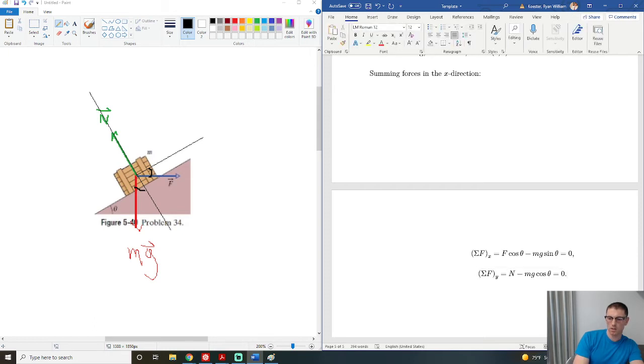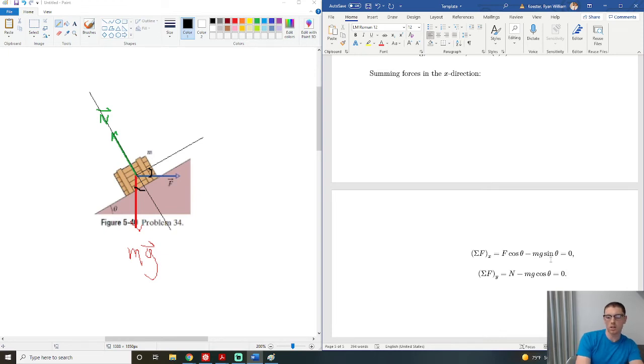And let's see, what do we need to do here? We need to figure out what the applied force is to make the acceleration 0. I don't think we even need the y equation here, but it's not a bad idea to have written it down for practice.